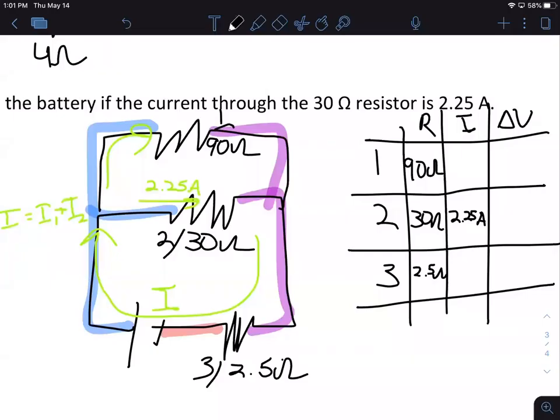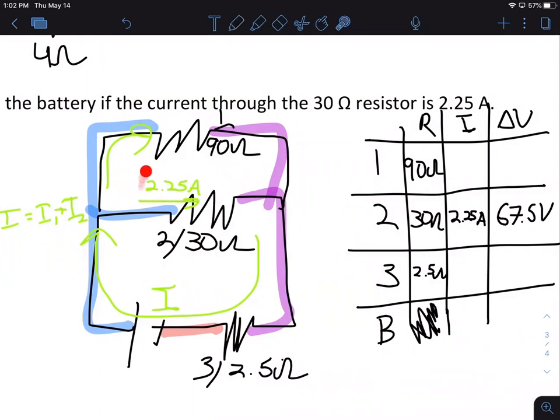All right, pretty small table, only 3 resistors, and our battery. I was told the current going through this one. So hey, 30 times 2.25. That gives me a delta V. 30 times 2.25, 67.5 volts.